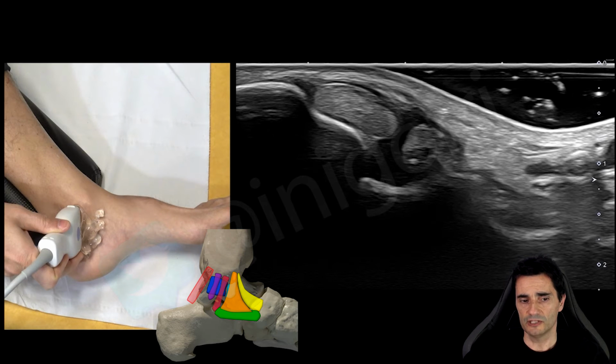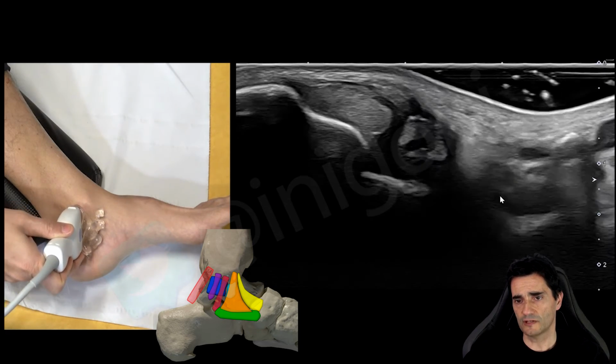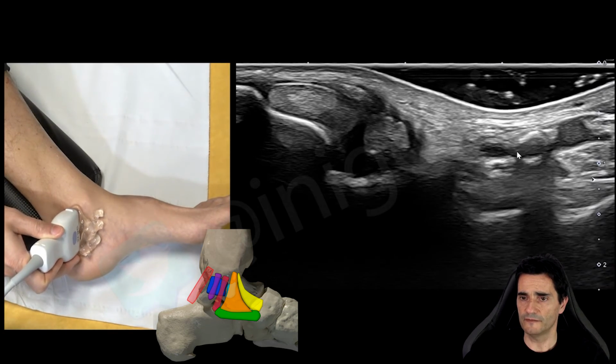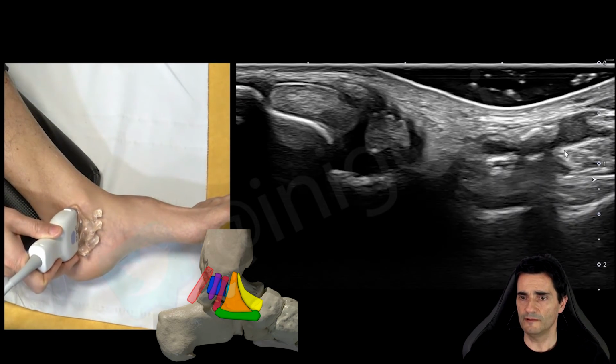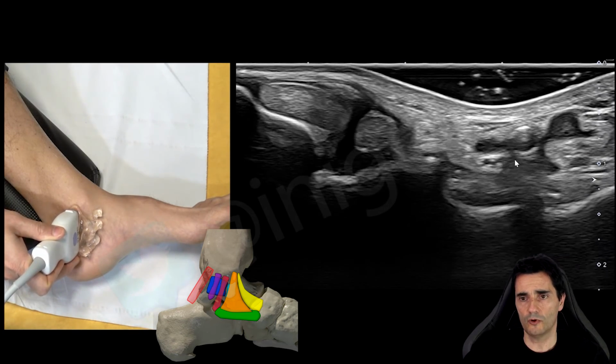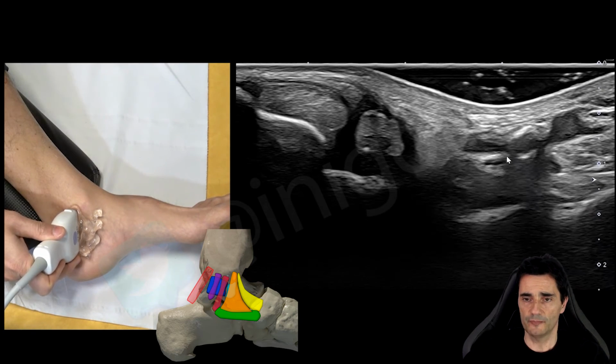This is the flexor digitorum tendon here, and here this is the sustentaculum tali, flexor hallucis longus, and the posterior tibial vessels, and the tibial nerve below, with this division in 2 or more commonly 3 branches at this level. It depends on the patient.